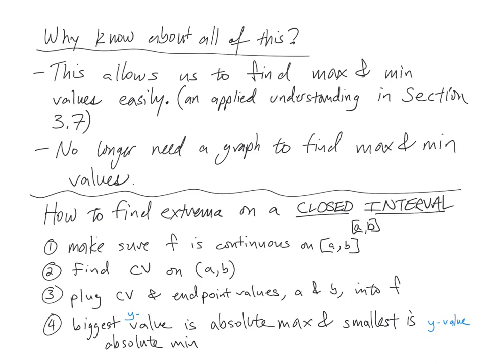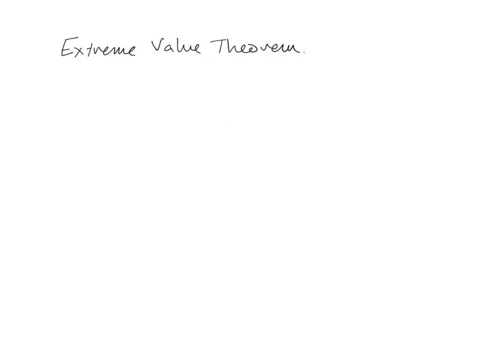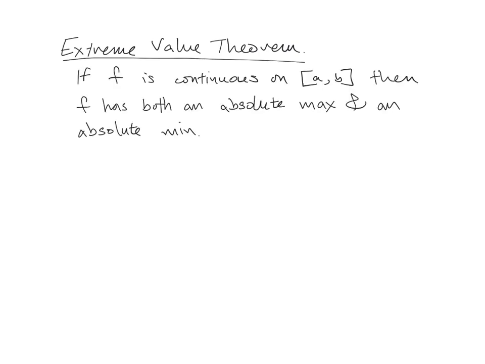Well, it's simply because we have what is known as the Extreme Value Theorem. And that says if f is continuous on the closed interval from a to b, then f has both an absolute max and an absolute min.